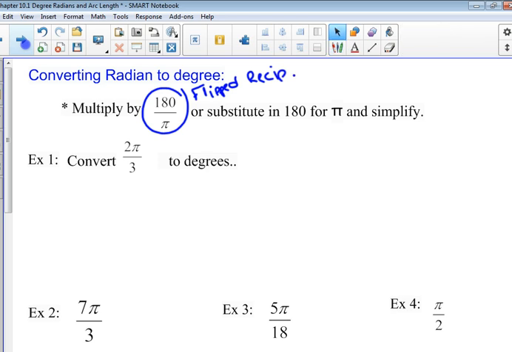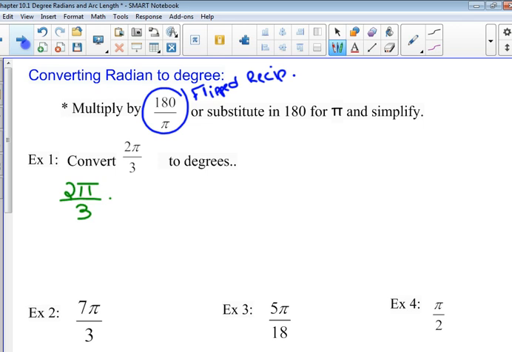Okay. So we're going to be multiplying this time by 180 over pi. So we're going to take our 2 pi over 3. It's in radians, we want to go to degrees. A way I remember this one is that when you see degrees, do you ever see pi left in degrees? No, it goes away, right?